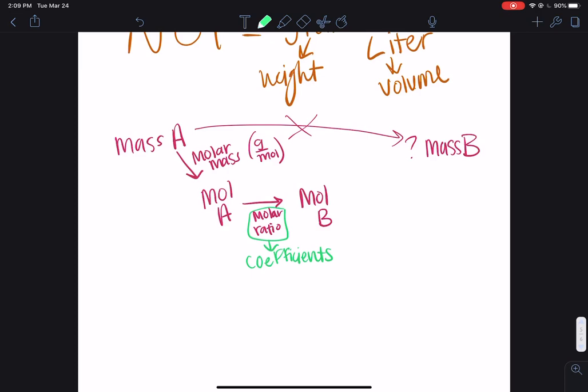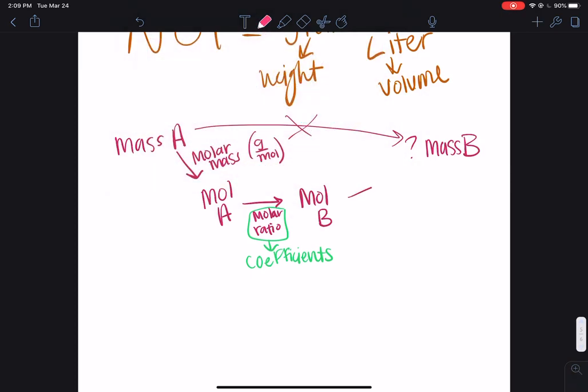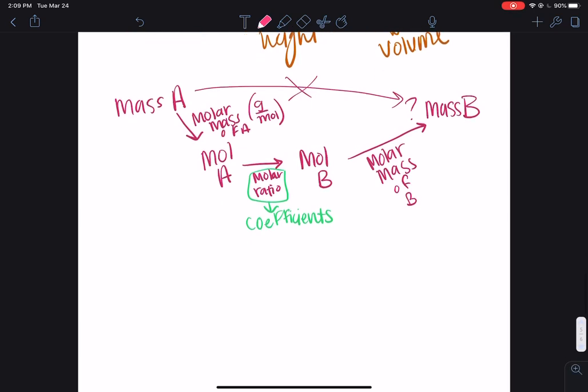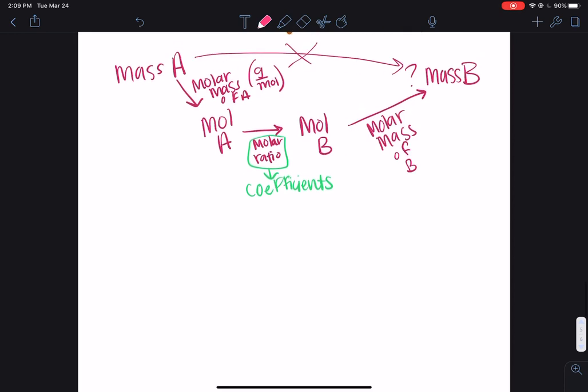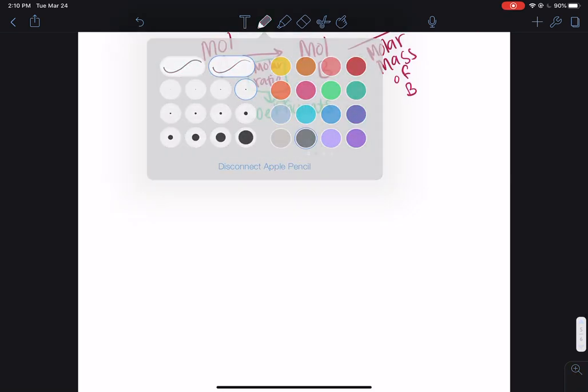So you're going from moles of A to moles of B, and once you get to moles of B, then you can go to mass of B. Again, this is the molar mass of B, because up here it was the molar mass of A. So that looks confusing, but it's the same step every single time. You use the molar mass, you use the mole ratio, and then you use the molar mass of the second substance. So let's work a problem.